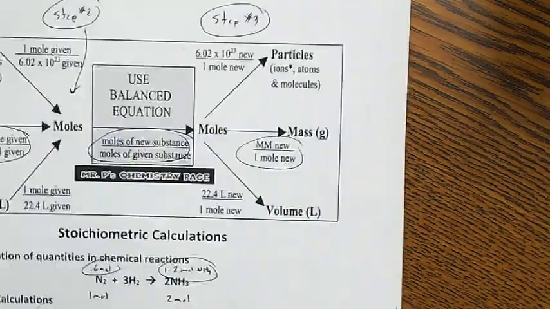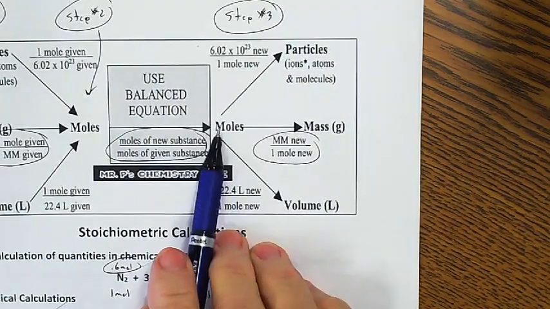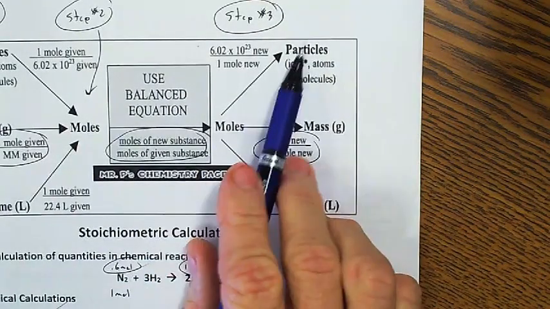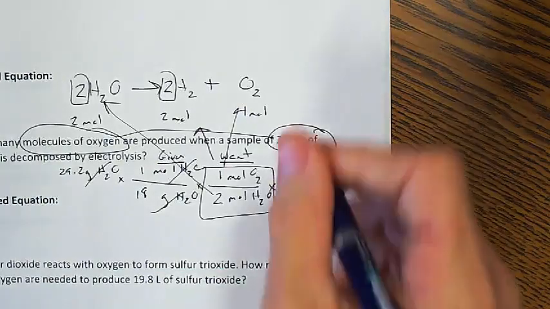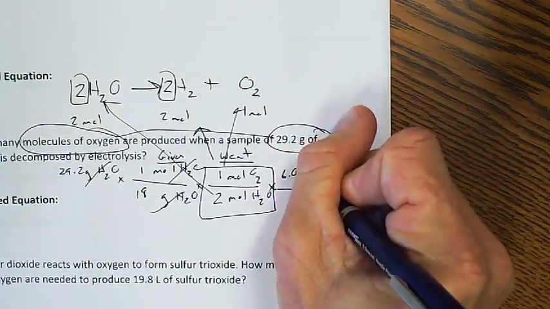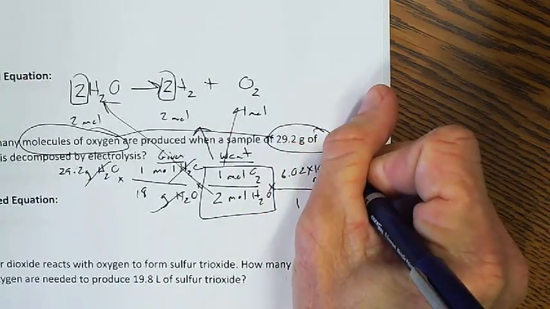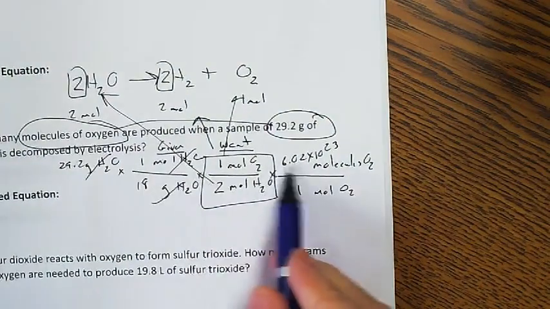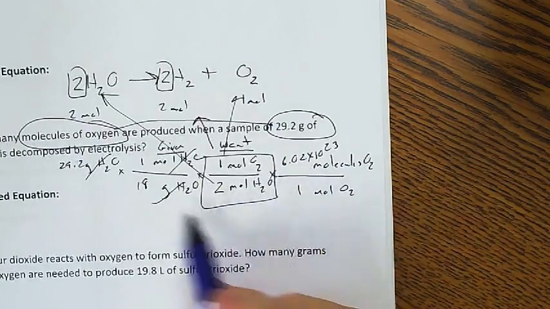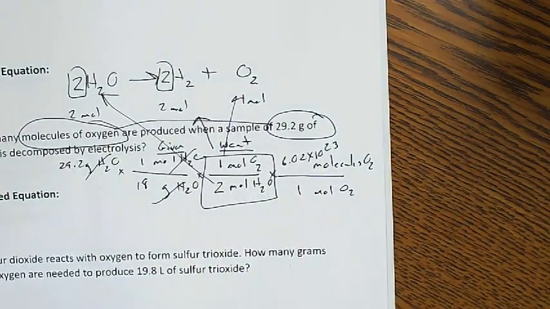This again is just the third step on these problems. So in this case, we ended up with moles of what we want. Now a molecule, remember, is a particle, and we're going to multiply by 6.02 times 10 to the 23rd, because that's how many molecules are in a mole of anything. So 6.02 times 10 to the 23rd. Now you'd say 29.2 multiply across times 6.02 times 10 to the 23rd divided by 36 to get your answer. I'm going to show you real quick in the calculator.